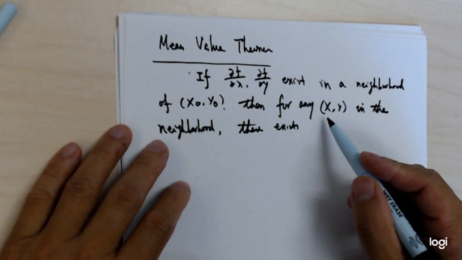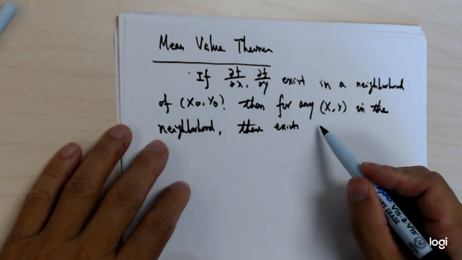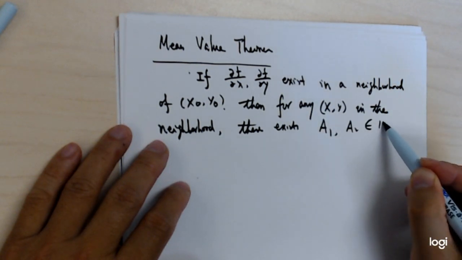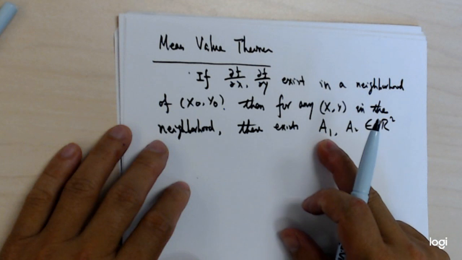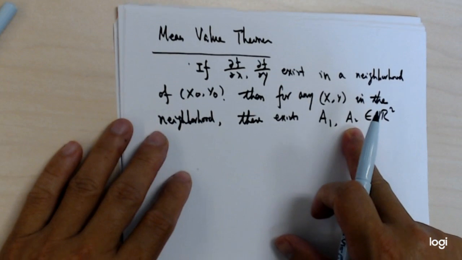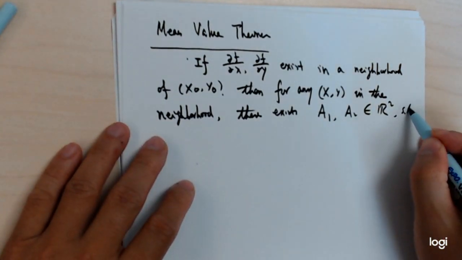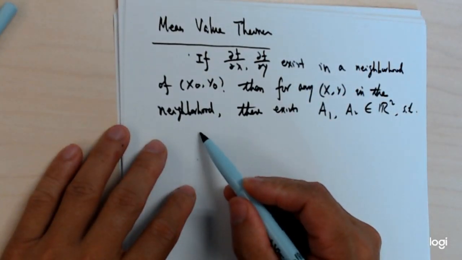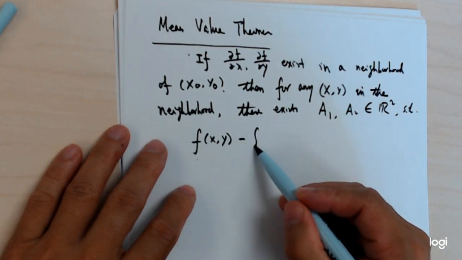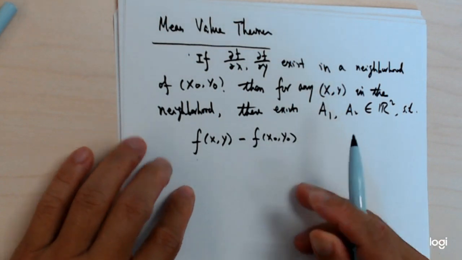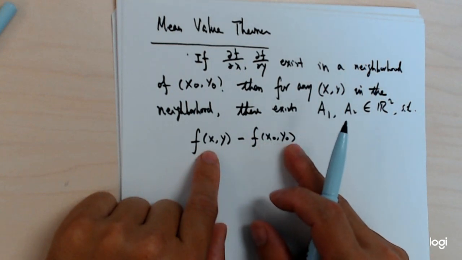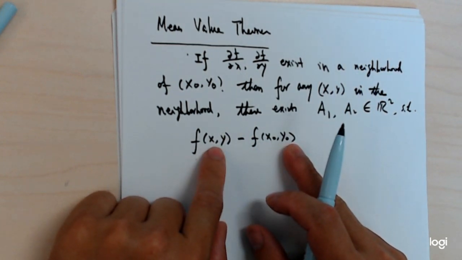Then for any point in the neighborhood, there exist 2 points in R2. So A1 is a point in R2. In other words, it's a pair of numbers. A2 is also a pair of numbers, such that the difference between those two function values here, so this is the function's value at x naught, y naught, and this is a little bit away from x naught, y naught.